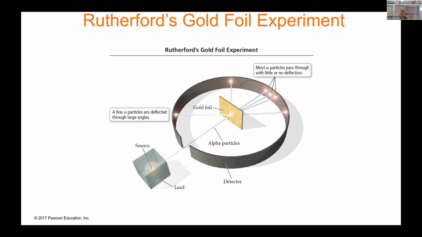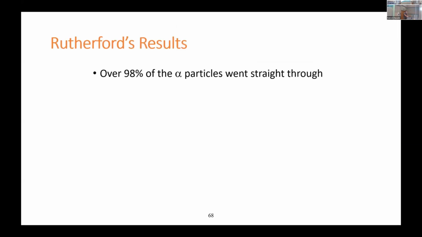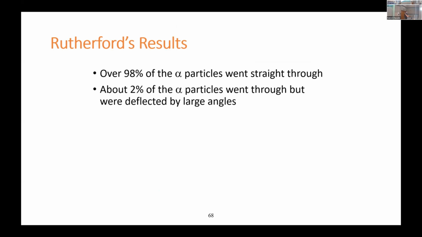But the opposite happened. So to the data, over 98% of the alpha particles went straight through. Straight through. About 2% were deflected by large angles, but went through. Still went through, but they were deflected.